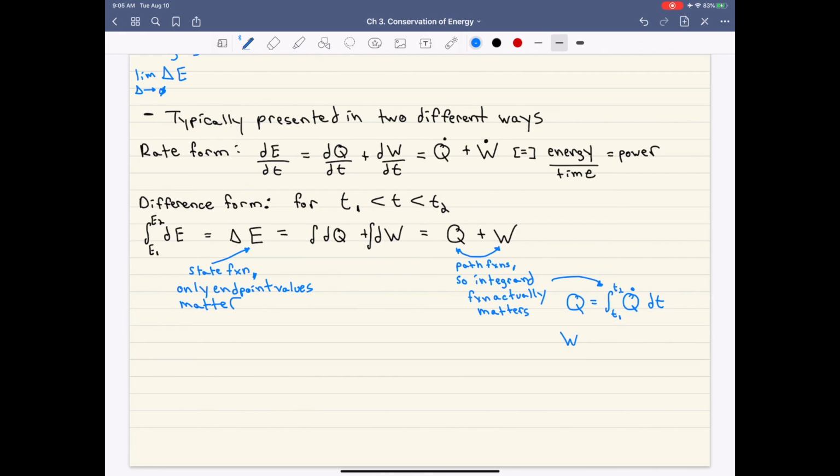And for work, it's the same thing, where work is equal to the integral of the work rate with respect to time from t1 to t2. And so what I'm saying here is that the integrand actually matters: whatever function represents Q dot or W dot is actually going to affect what your total Q and your total W values are.